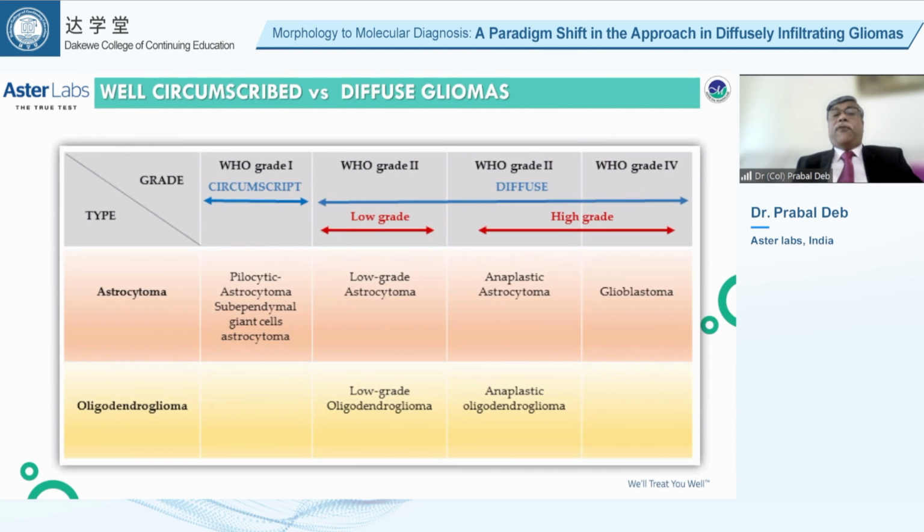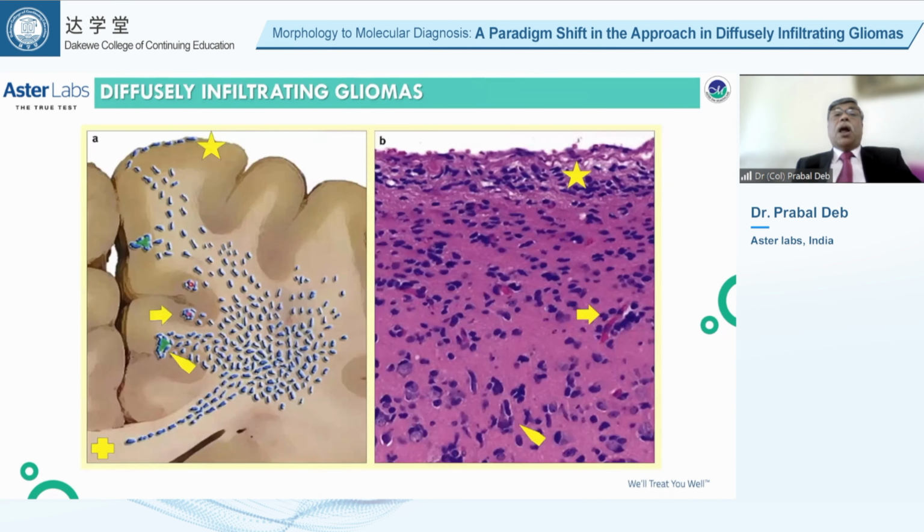The basic morphology, what we always knew, was that a well circumscribed glioma and a diffuse glioma were two different types or entities. A diffuse glioma, what we know as WHO grade 2, is diffuse astrocytoma, WHO grade 3 is anaplastic, and WHO grade 4 is glioblastoma.